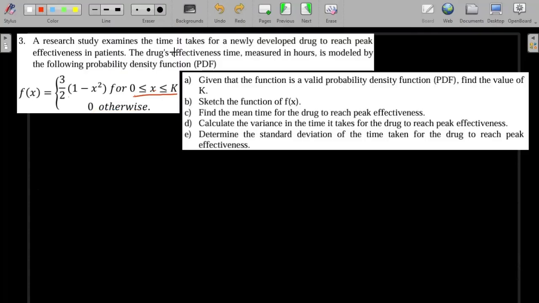Let's look at the first question. They're saying given that the function is a valid probability function, or a valid PDF, find the value of k. This is the k that we are finding.